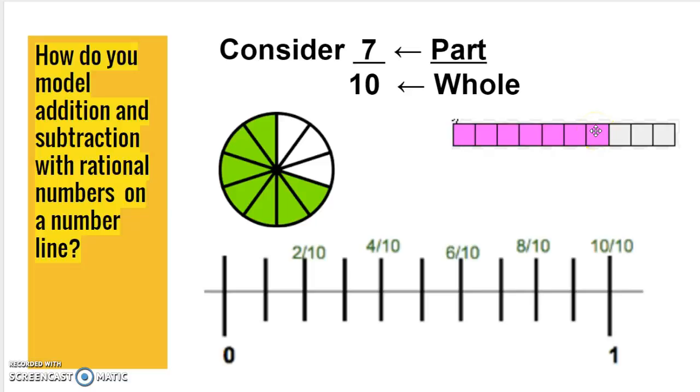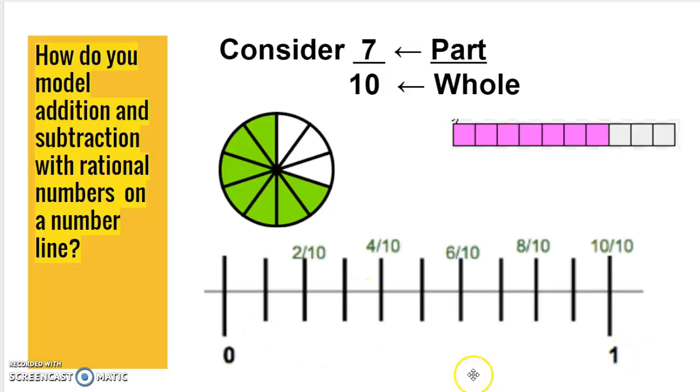It works exactly the same on a number line. No matter how many pieces this number line is broken up into, from 0 to 1 is still the whole. So if you look at this here, if I'm going to model 7/10 on the number line, the whole part should mean I should have 10 spaces, and spaces are pieces in between 0 and 1.